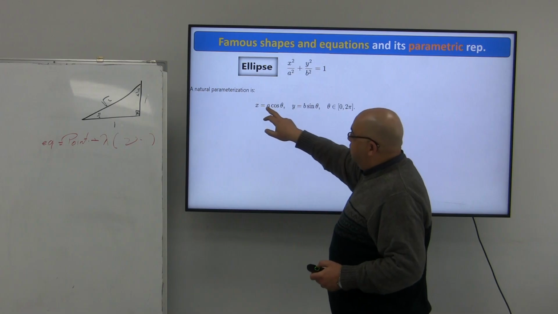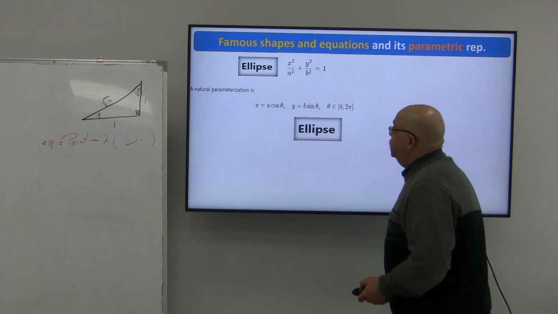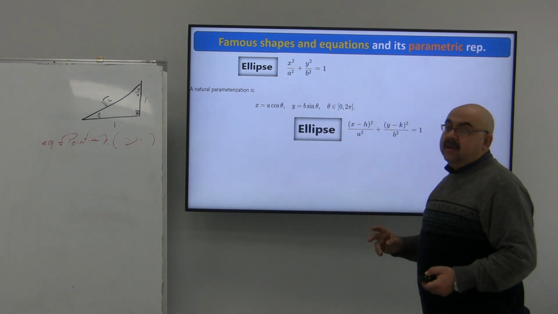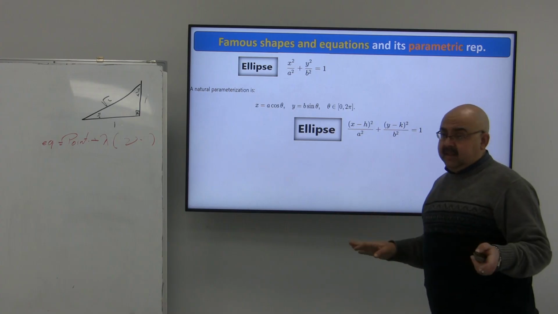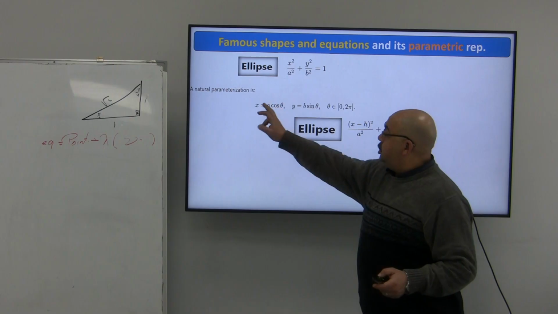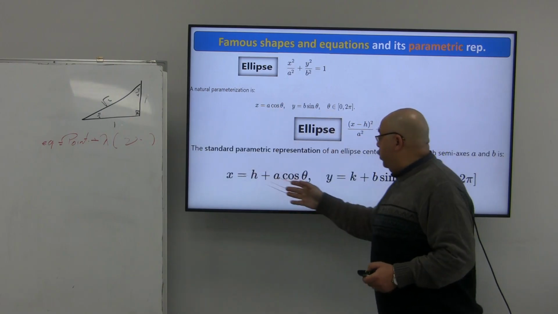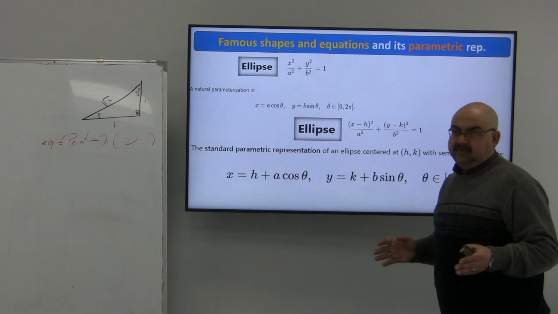This is a for the radius in the direction of x, and this is b for the direction of y. If you have a center other than the origin, which is the general case, all you have to do, exactly like the circles, is add h on the x component and k on the y component, which is very, very simple and testable.